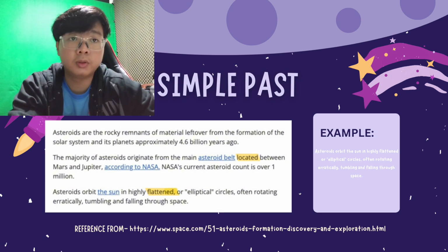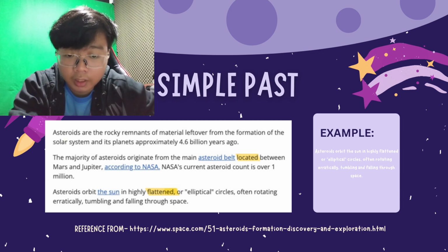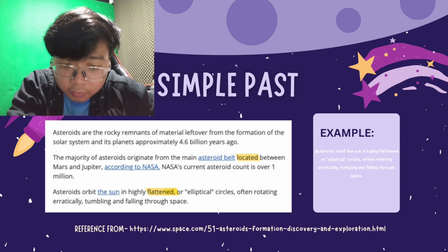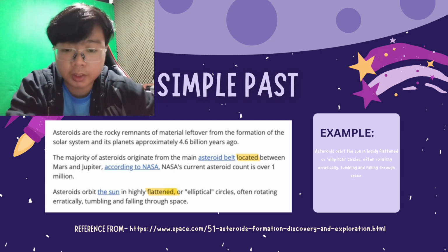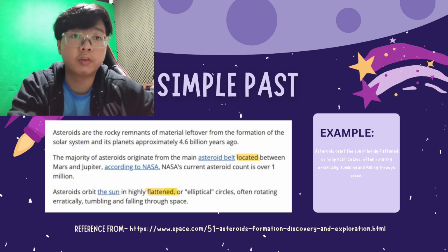To take an example, asteroids orbit the sun in highly flattened or elliptical circles, often rotating erratically, tumbling and falling through space. So the verb that is used in the simple past is usually located, flattened, which has the verb ed at the back of the word.